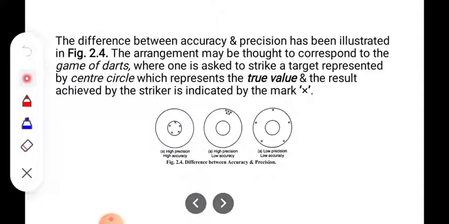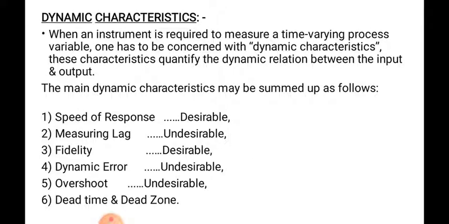That's why accuracy is very low. And what about precision? The precision is also low because there is very much distance between each and every arrow on the target board. That's why the precision is also low. Okay, and I think all of you have got what I have explained here.